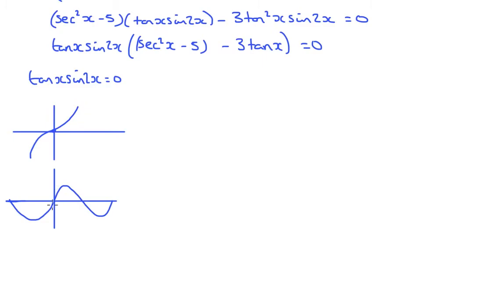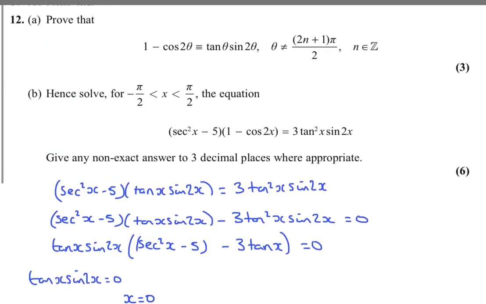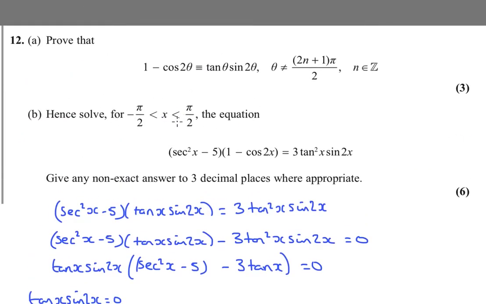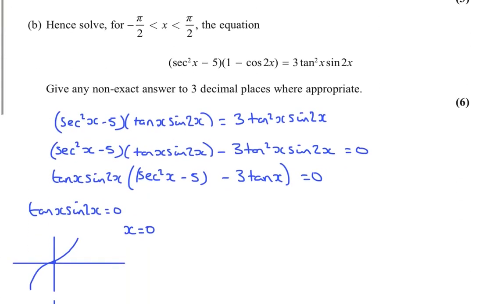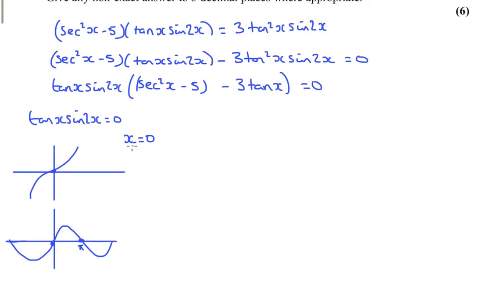If it's equal to 0, the only solution we're going to get is that x is equal to 0. The other solution that would come from here, being pi, but then dividing by 2, so pi over 2, is just outside the range. It's not equal to, so it's not in the range, so it's just x equals 0 from this section. So that's all that dealt with now. We've just got to solve this to finish off the question. So that's what we're going to concentrate on next.